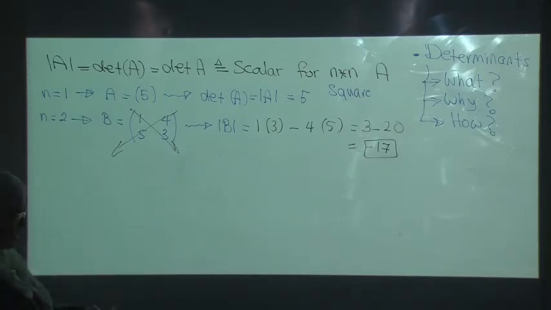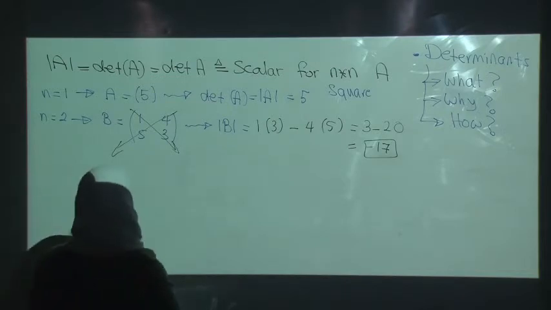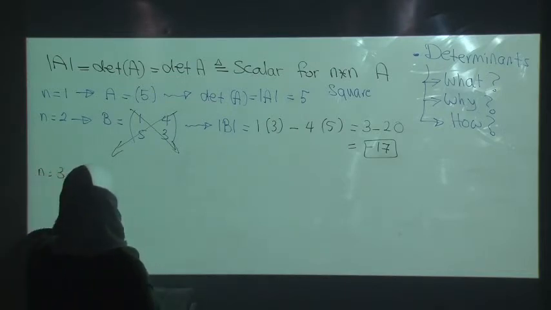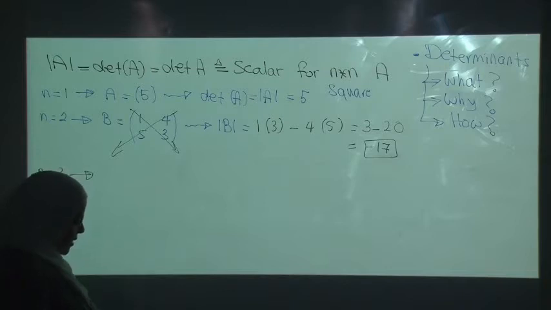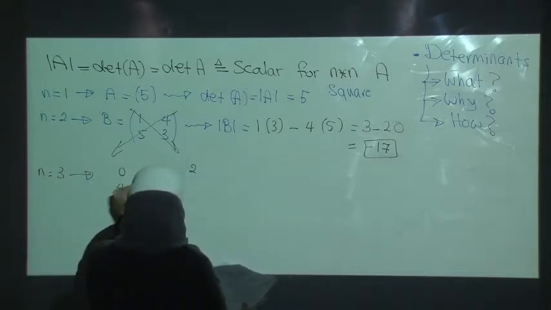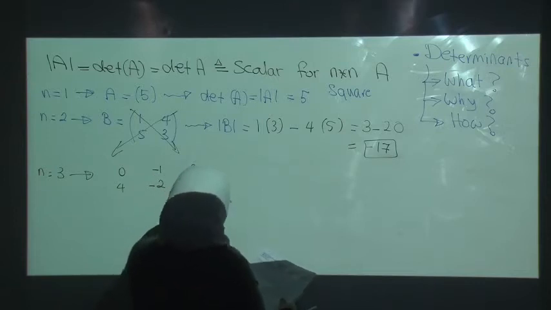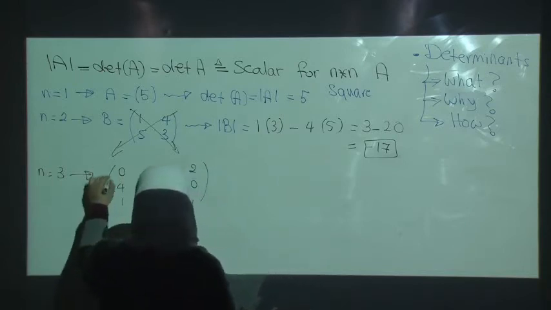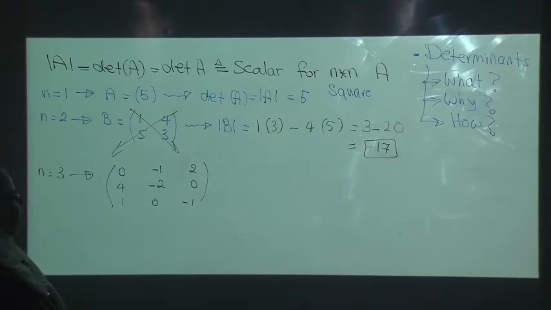Let's enlarge the size one more time. If n is equal to 3, let's say we will have this matrix from our worksheet, and we need to find the determinant.